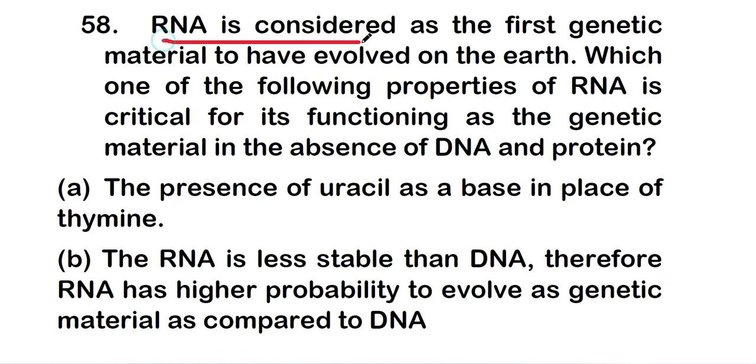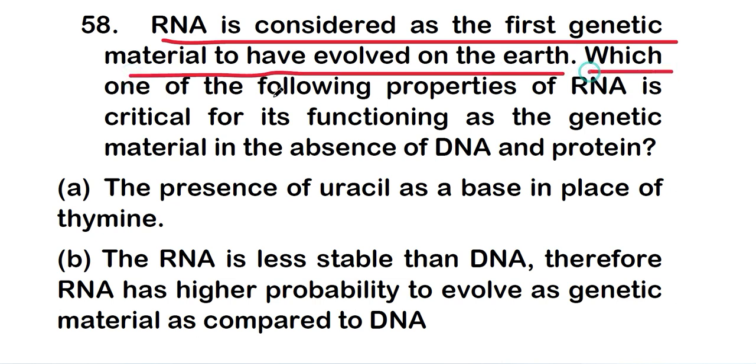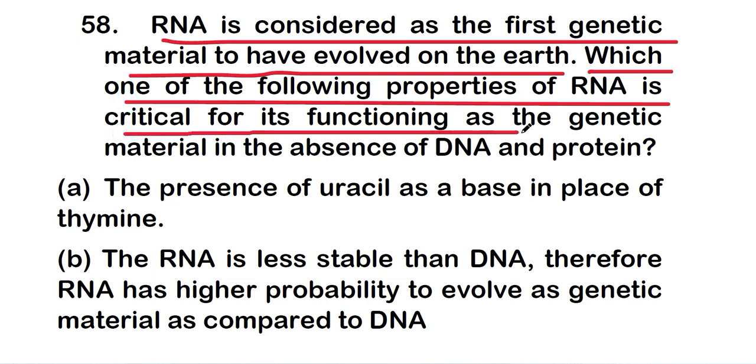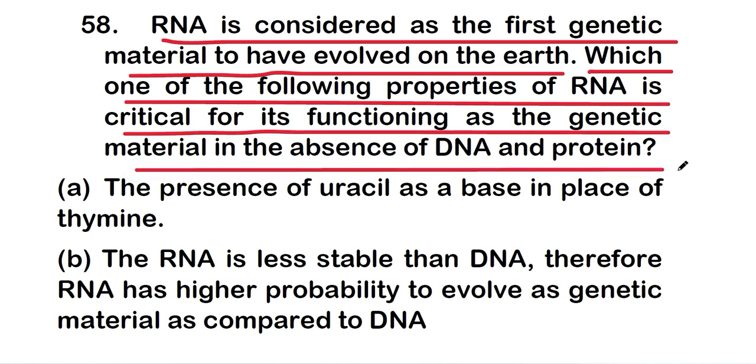So RNA is considered as the first genetic material to be evolved on the earth. Which one of the following properties of RNA is critical for its functioning as the genetic material in the absence of DNA and protein?